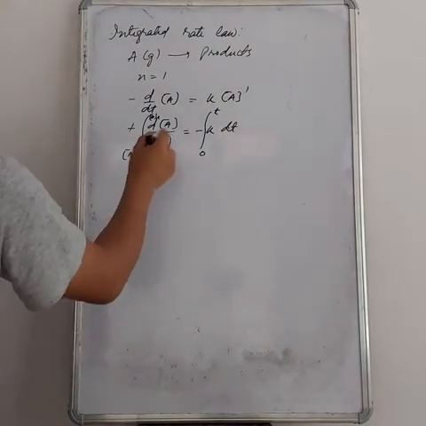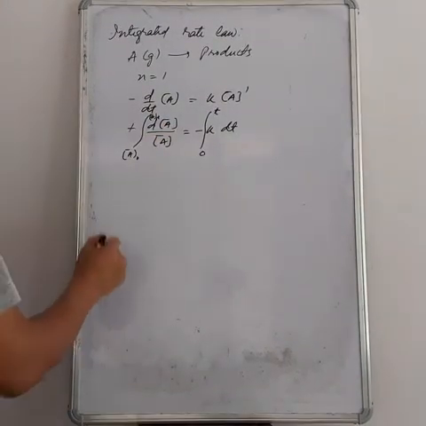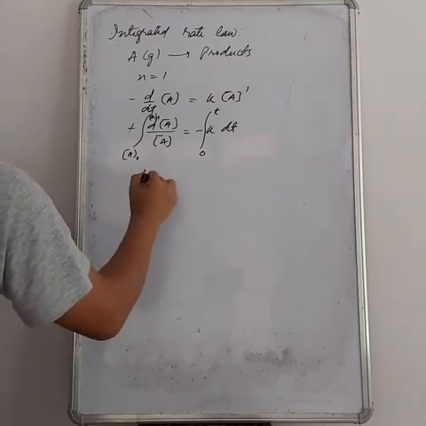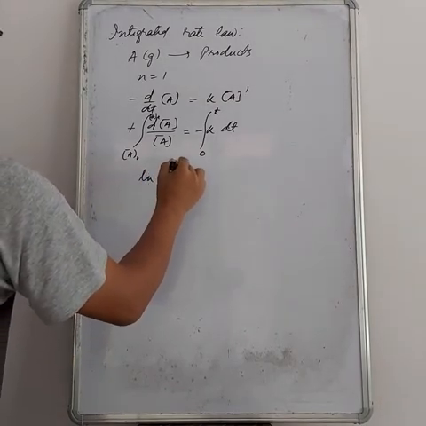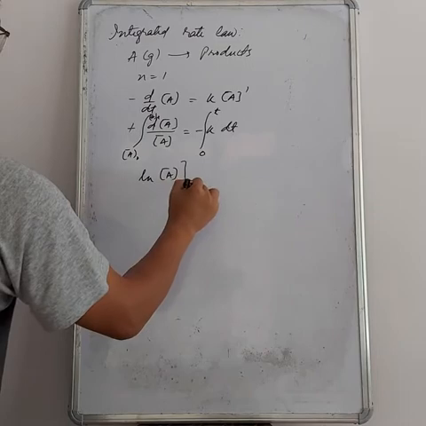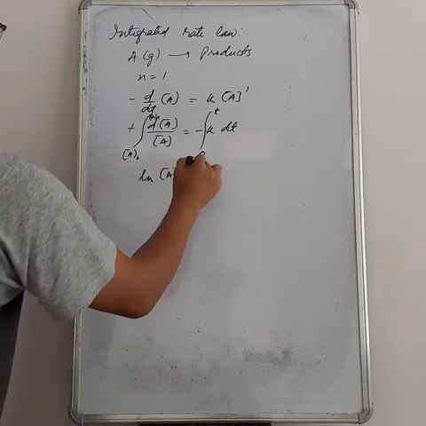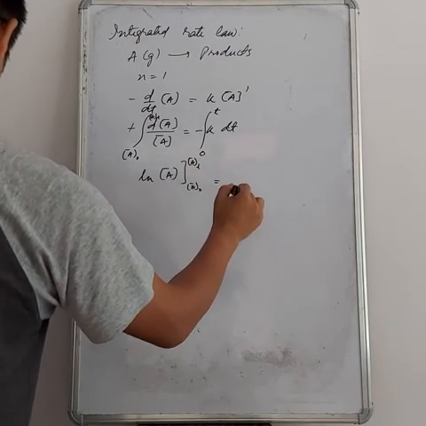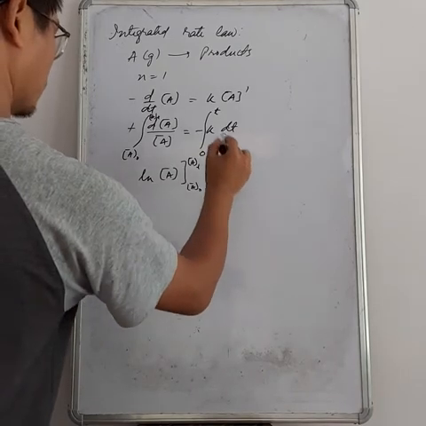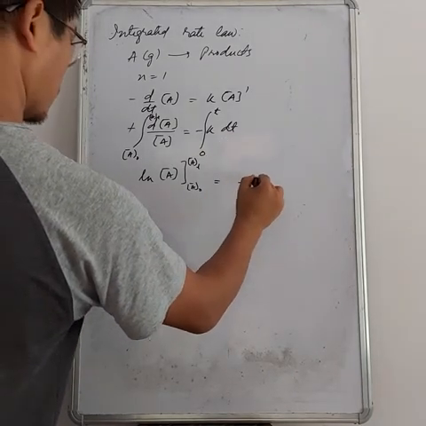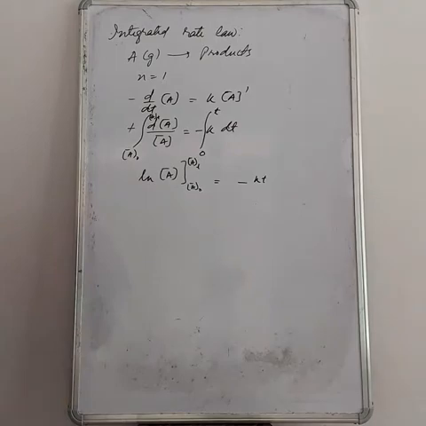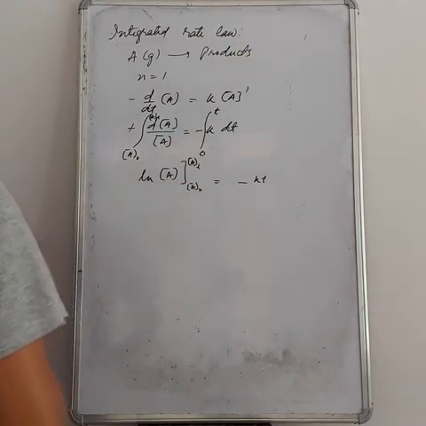So we'll get natural log of A from our initial A naught to the final concentration is equal to, integrating again, negative kt plus some constant.